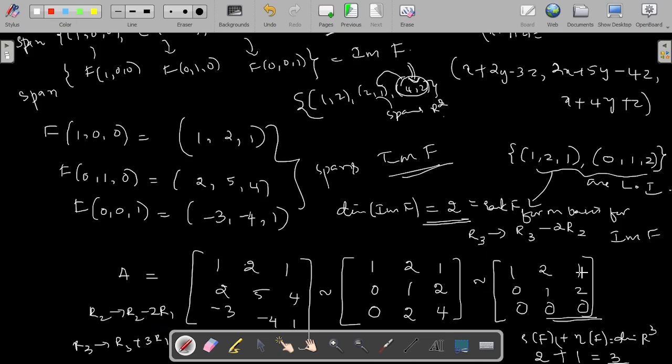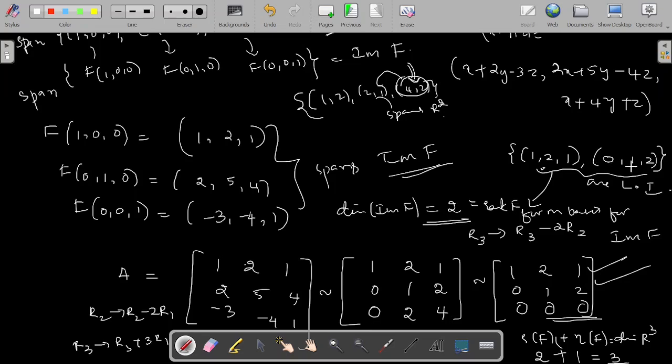If the row echelon form gives all non-zero rows, the 3 vectors are linearly independent, but here they are not giving you non-zero rows. 1 zero row you got, means the third vector can be eliminated. Hence only these 2 vectors are linearly independent. Therefore these 2 vectors span the whole space, image of F, as well as they are linearly independent.